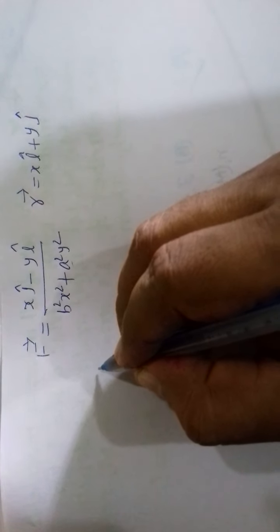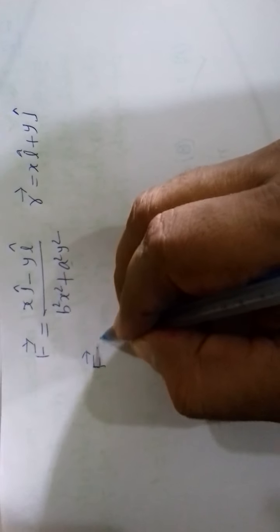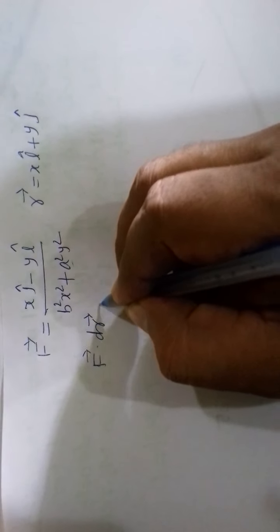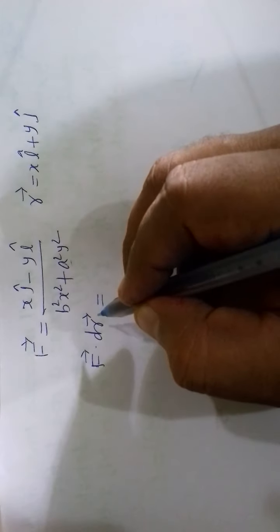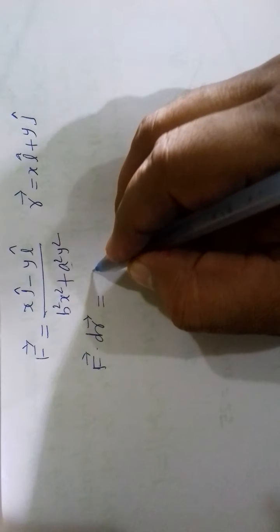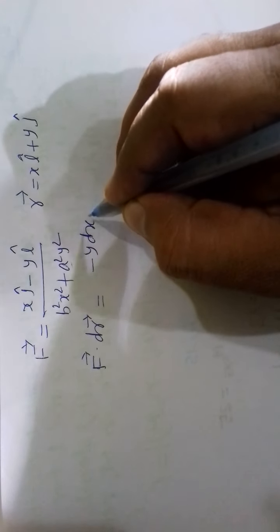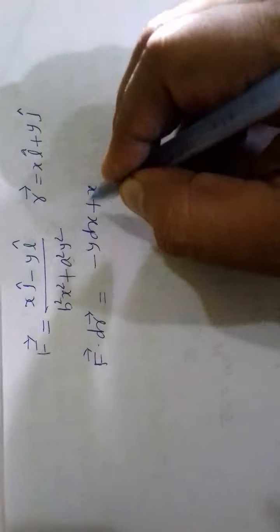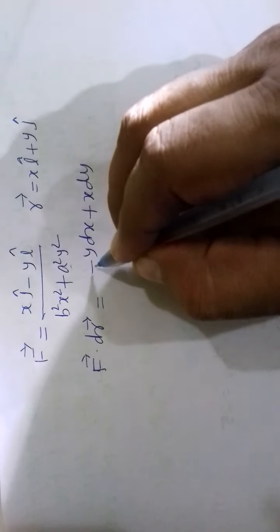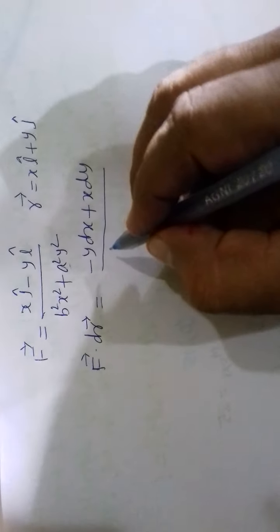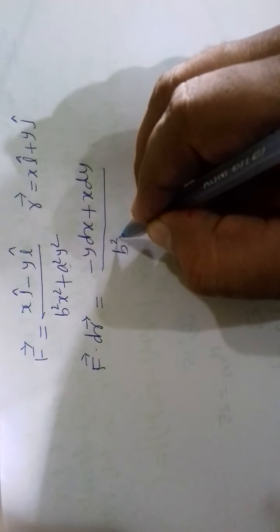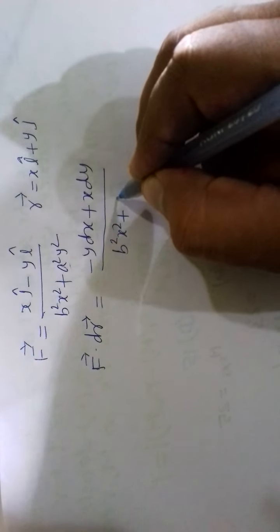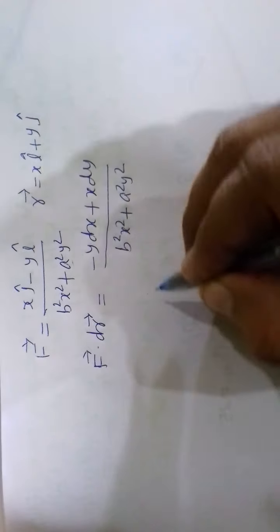So F dot dr is (minus y dx plus x dy) by (b square x square plus a square y square).